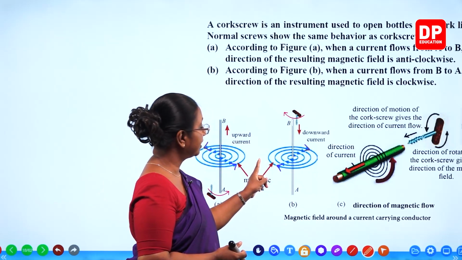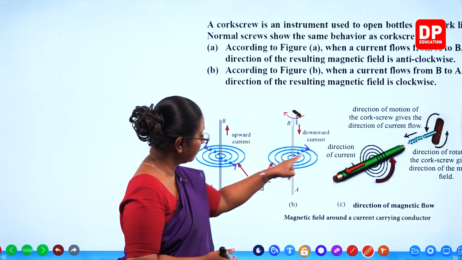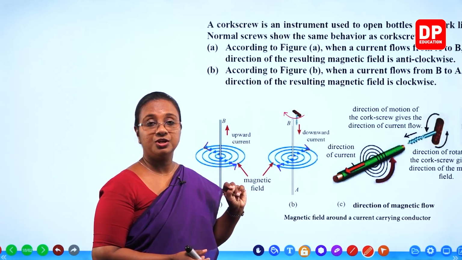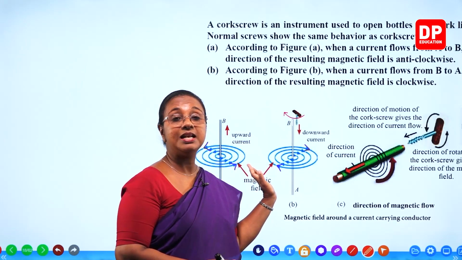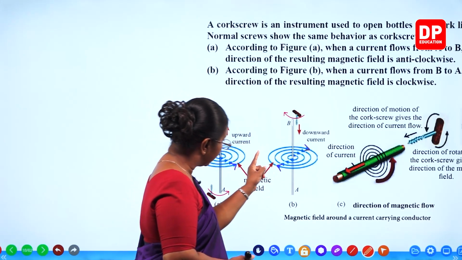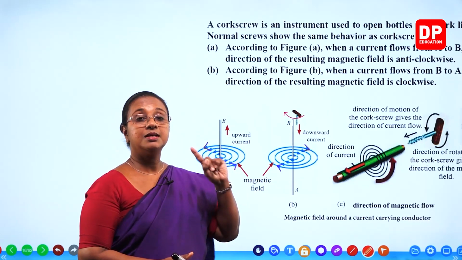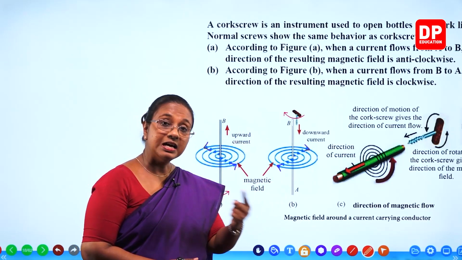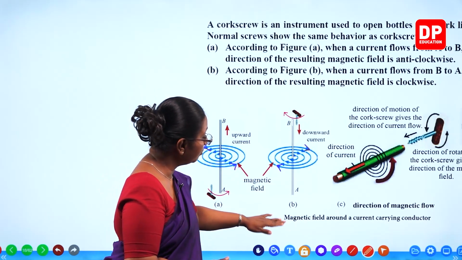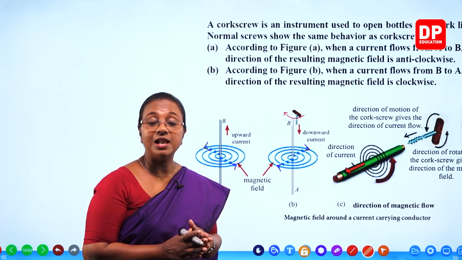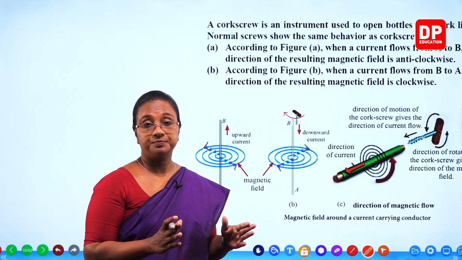But above the conductor, the magnetic fields are in this direction, so the deflection of the compass is going to be towards the left side. But if you look at the conductor, there is a magnetic field around the conductor. So that is how we use the Maxwell corkscrew rule.